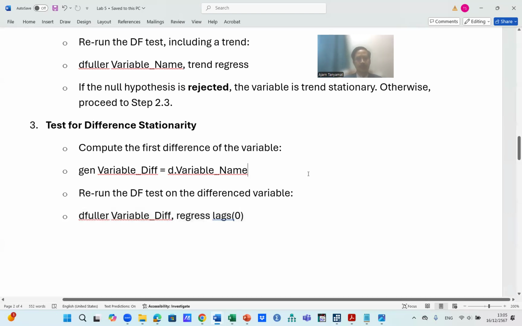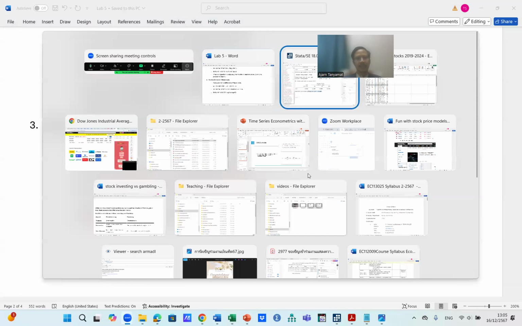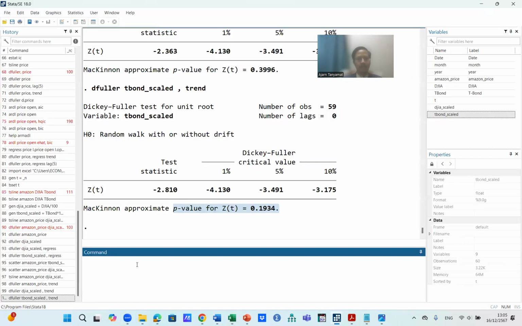Alternatively, you can just run the dfuller test directly without generating. So you're going to use the d dot operator. So let's do dfuller, Amazon price. Now, instead of Amazon price, I'm going to put d dot. This means the first difference of Amazon price.